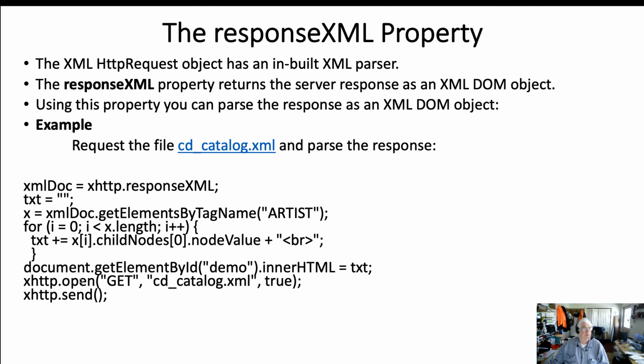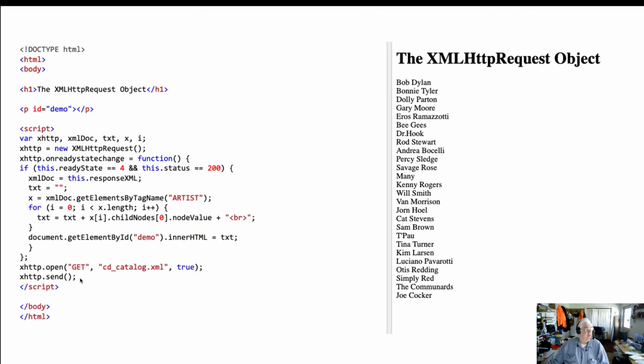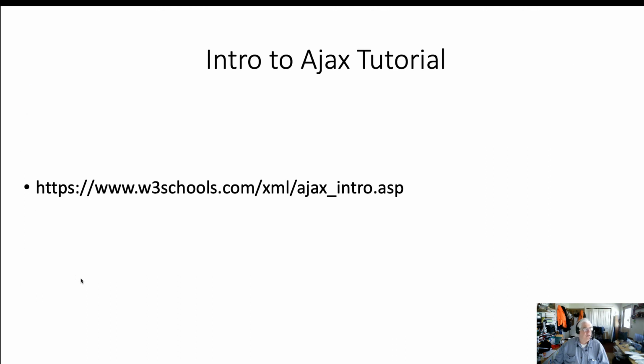Again, we're going to do XML next week. And here's the program that does that. You can come back and look at that at your leisure, but we're basically going to use the text this week. What we have just looked at is the Introduction to the AJAX tutorial in W3Schools.